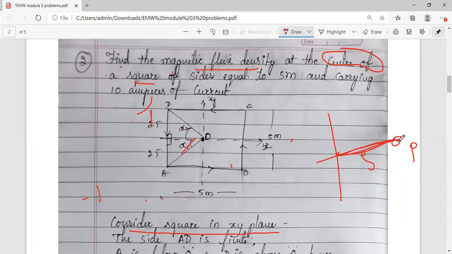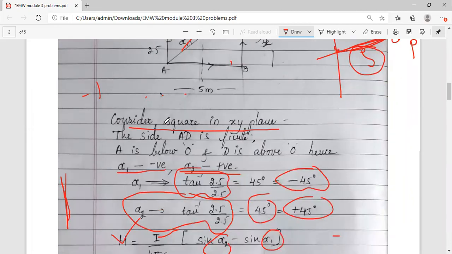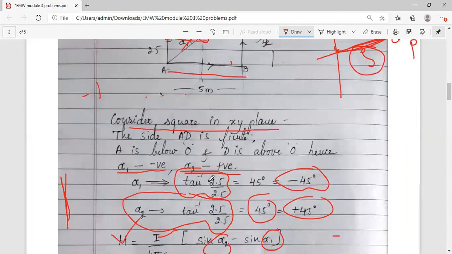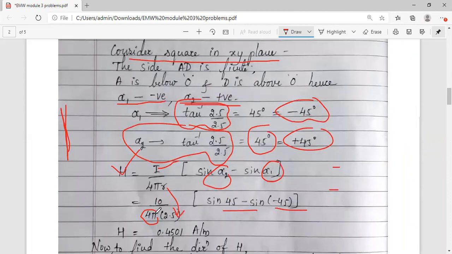This is the point P. From the point to this point, the distance is that rho or r. In the theory, we have studied this. So what is the distance from this point to this point? It is half of the side, that is 2.5. So I have considered r as 2.5.